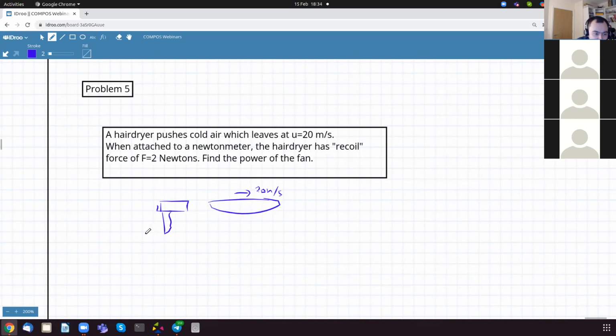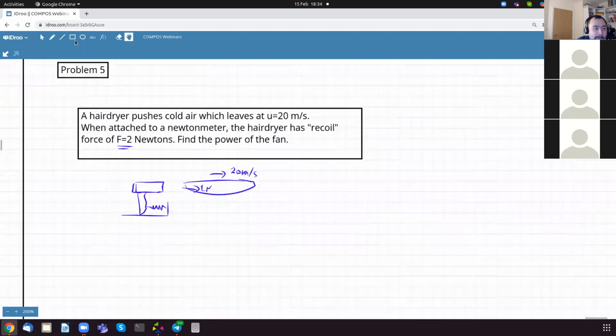Basically we set up a Newton meter here, and we measure the force which pushes it back, and the force is 2 newtons. That means that it pushes the air with a force of 2 newtons as well. It pushes with a force of 2 newtons, and the air travels at 20 meters per second. So you need to find the power.